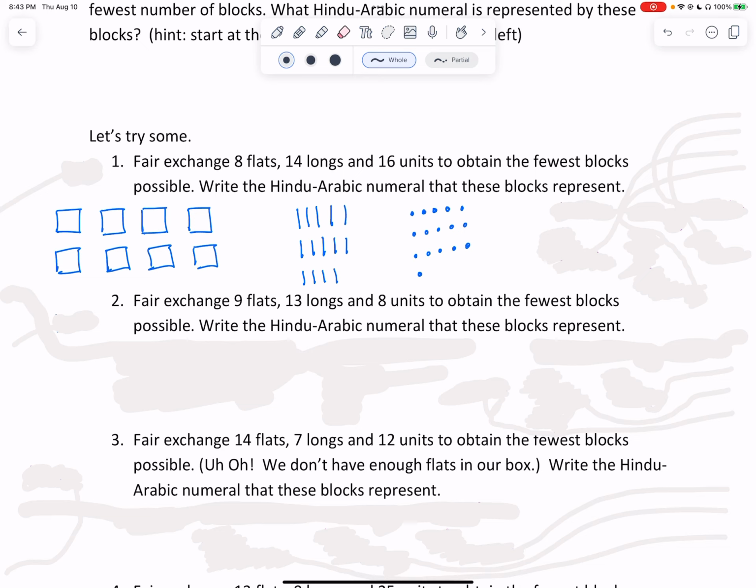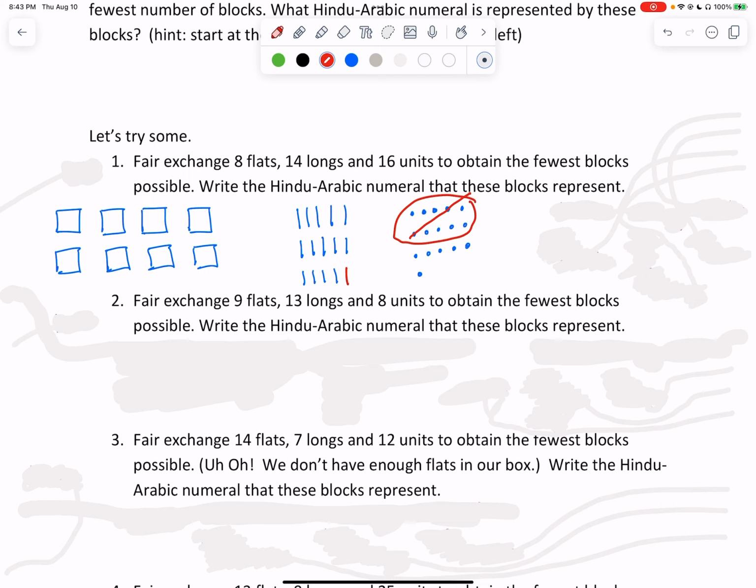What we're going to do is go straight over here to our 16. Notice 16 has a 10 in it. So I'm going to take these 10 right here, cross them out, and regroup them, and trade them for a rod.